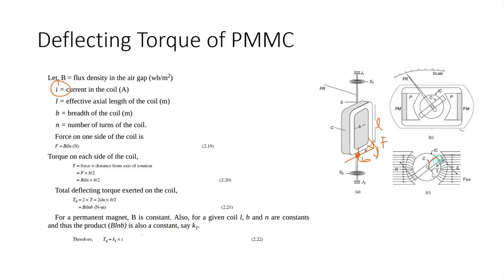That's why we use B by 2 for a single side torque. So torque is equal to force multiplied by B by 2, where force is BIL times the number of turns. The more the turns, the more the force. So the torque of a single side is BILN into B by 2.